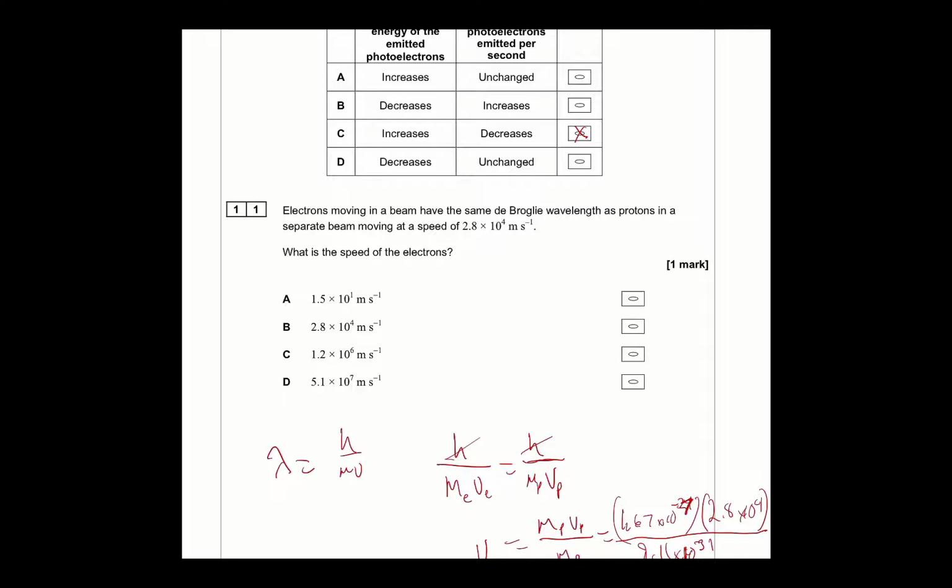So 5.1 times 10 to the 7 according to my math. That's fast. It's still within the realm of possibility, but that's fast.